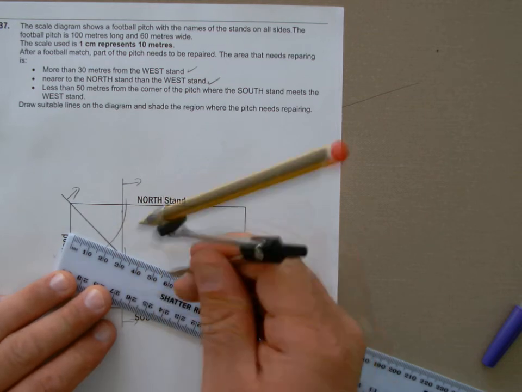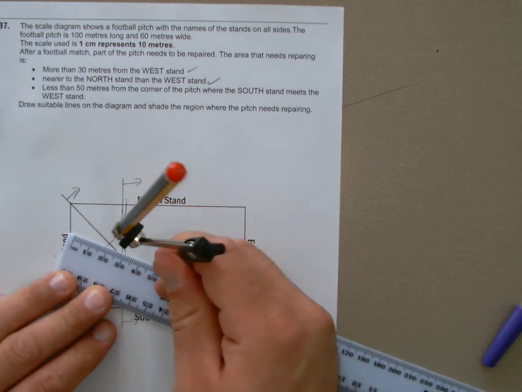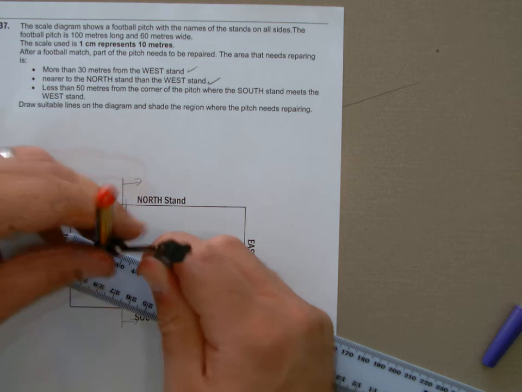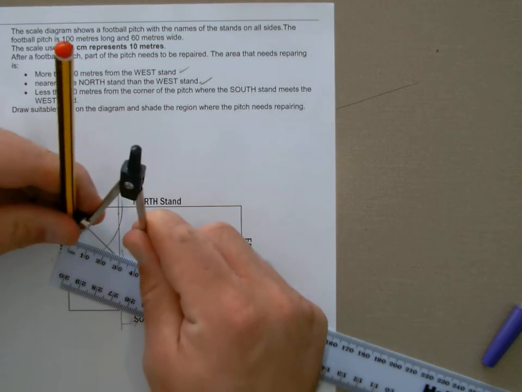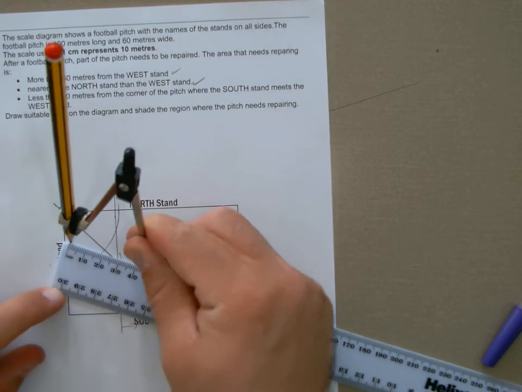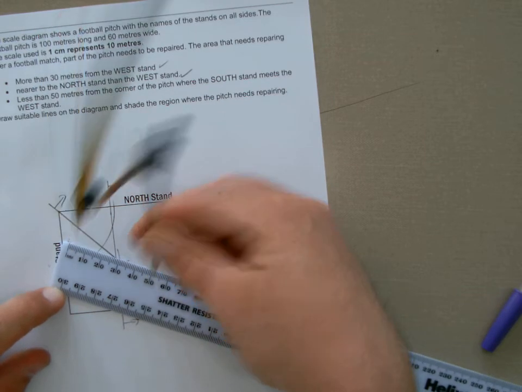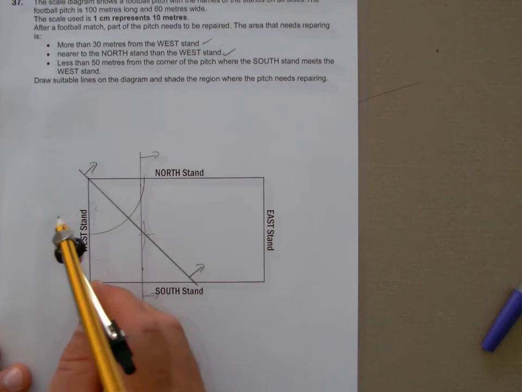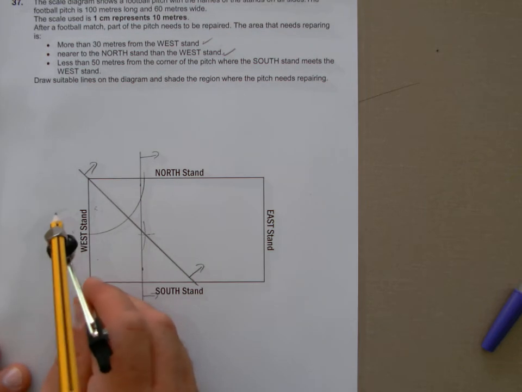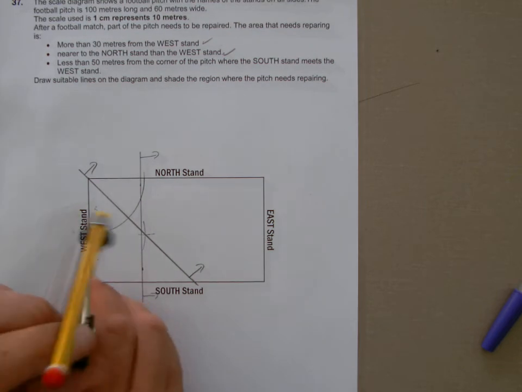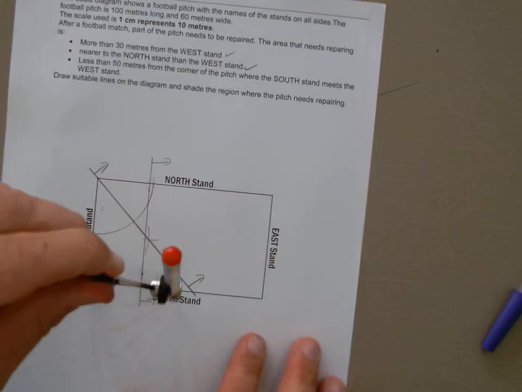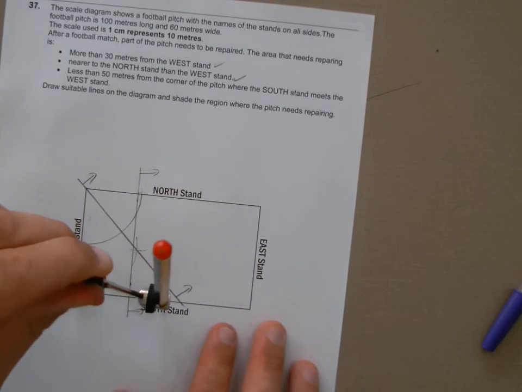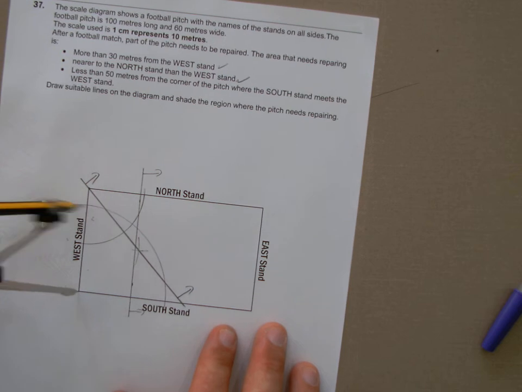So 50 meters, remember, is 5 centimeters, 50 millimeters. This is 5 centimeters. And then I'll go at where the west stand and south stand meet here. I've got to be less than 50 meters away from it, but I'll draw my 50 meter arc. There you go.